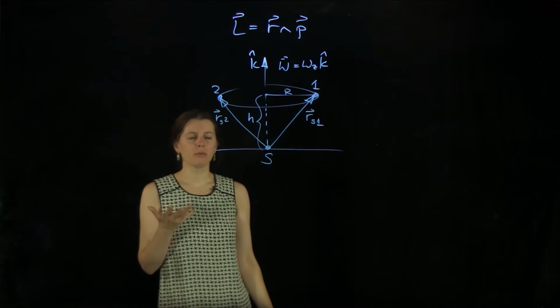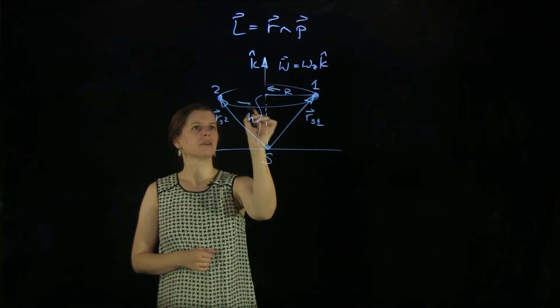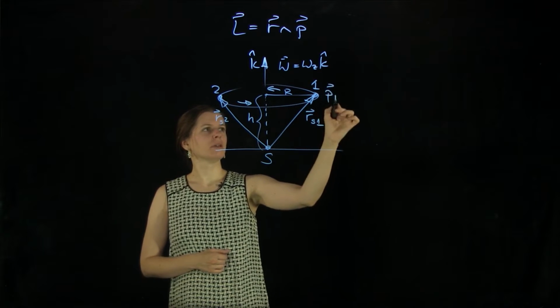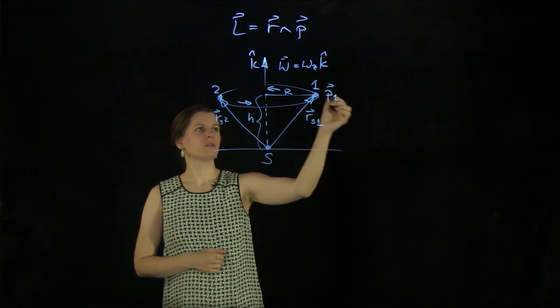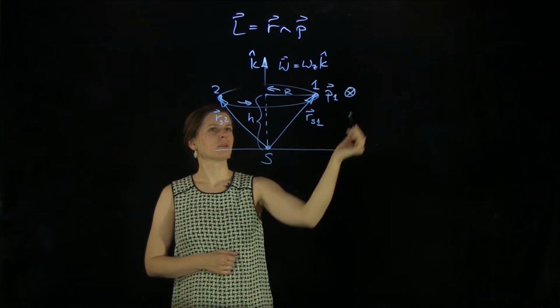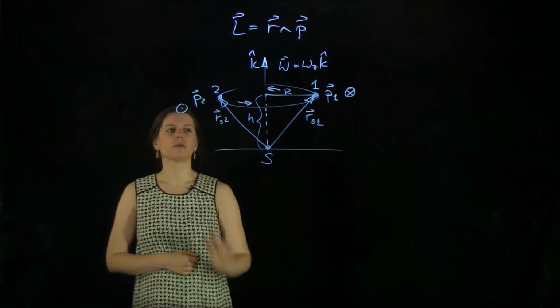And p, the momentum of the particles: if these guys are going counterclockwise, then the momentum of particle 1 is going into the board, following the direction of the motion, and p2 is going to come out of the board.